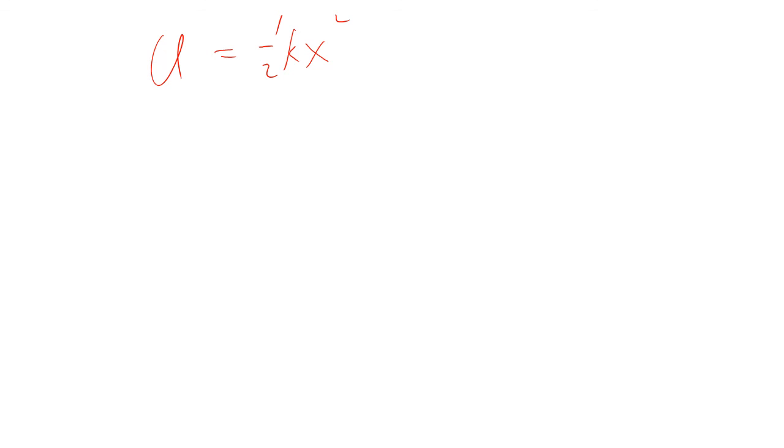So by analogy, the energy in this oscillator is going to be equal to q squared over 2c. The more energy you put in there, the bigger the Q. And because the current is dq dt, the bigger the Q, the bigger the current.